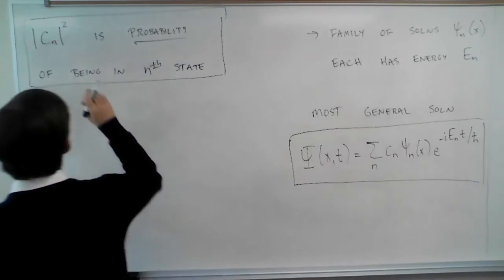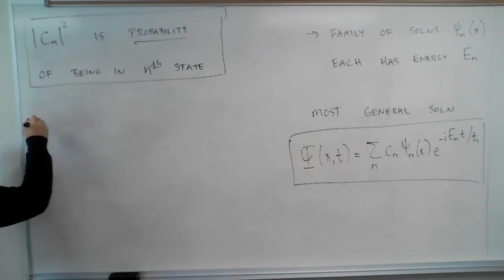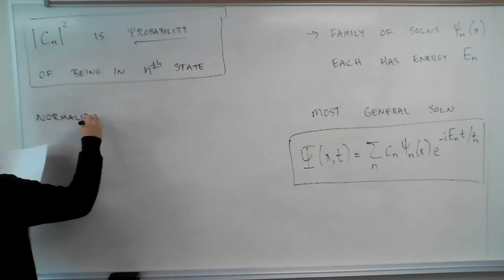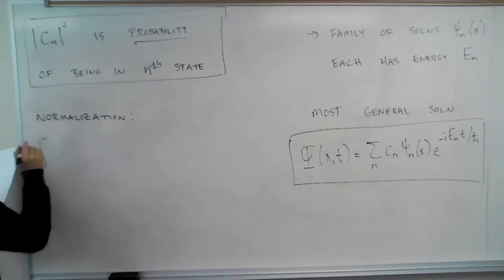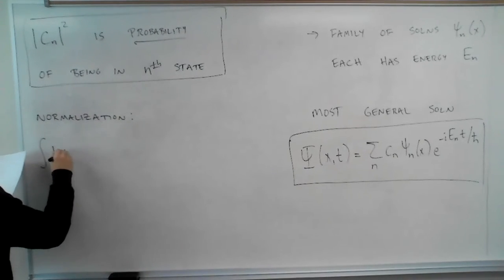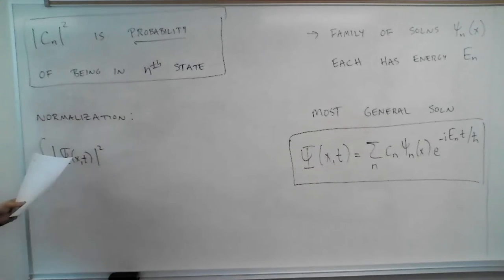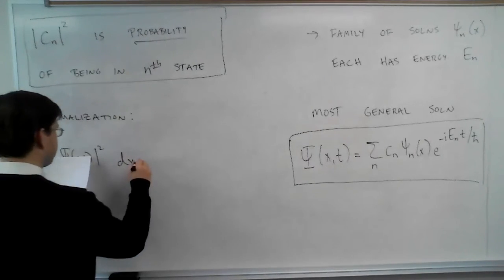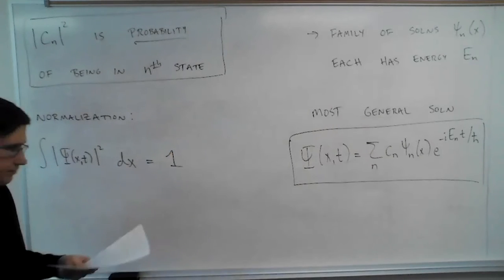We can show why it has to be the c sub n squared if we think about normalization. If we want to consider normalization of our wave function, then we demand that the integral of the magnitude of this full wave function, capital psi of x and t, squared, integrated over all of x, needs to be equal to 1.